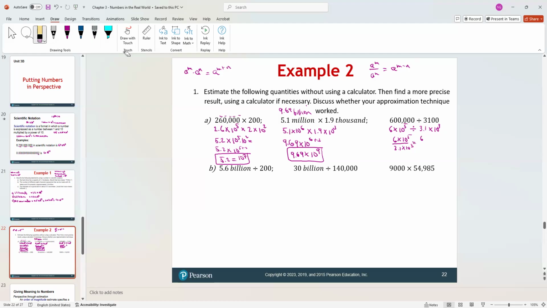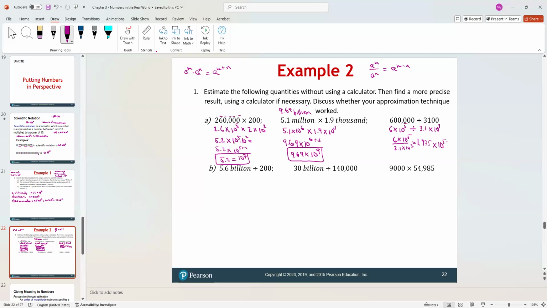Okay, calculator. We have 6 divided by 3.1. That makes it 18.6. No. 6 divided by 3.1, that would be 1.935. 1.935 times 10 power.